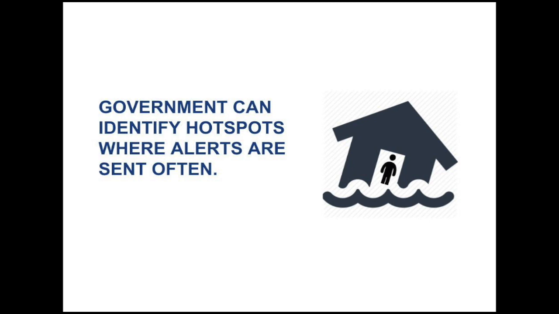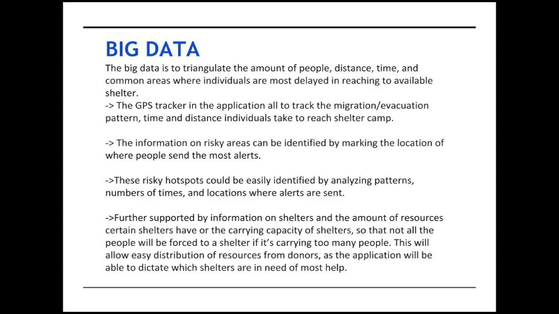Another essential thing is that the big data is used to triangulate the amount of people, distance, time, and common areas where individuals are most delayed in reaching available shelter. For instance, the GPS tracker is used to track the migration patterns, as well as the amount of time and the amount of distance that people have to travel to reach a shelter.